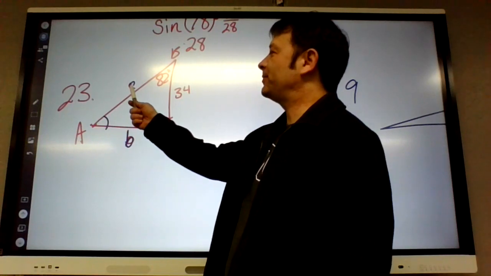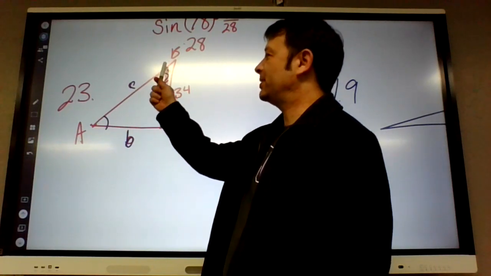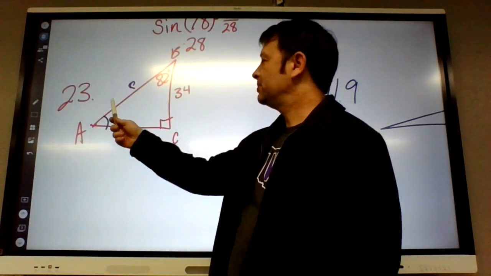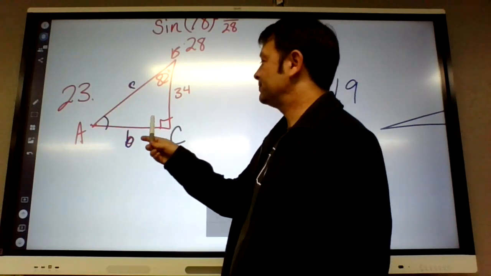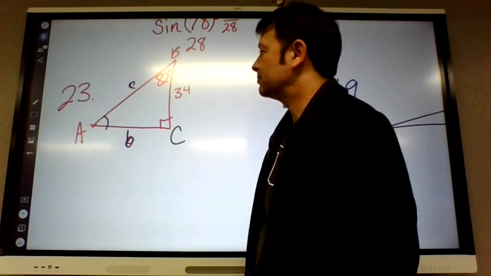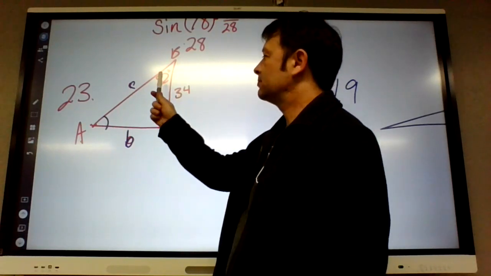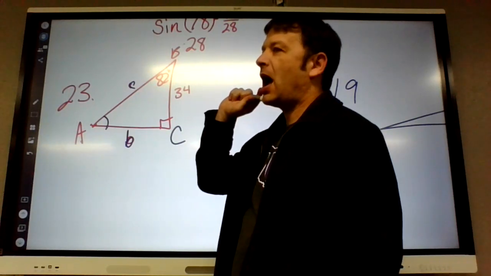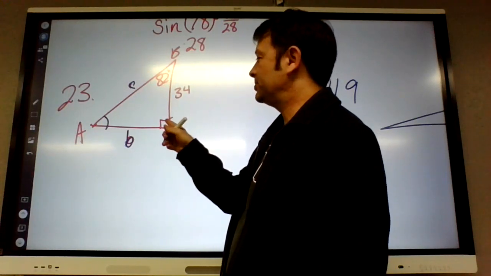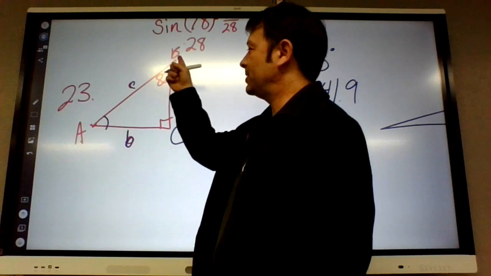Okay, well, if we're looking for C, we need to use this side. Well, this is an angle. We don't need that. Okay, so adjacent, and then the 34, and then the hypotenuse, because see how it's across from the 90?